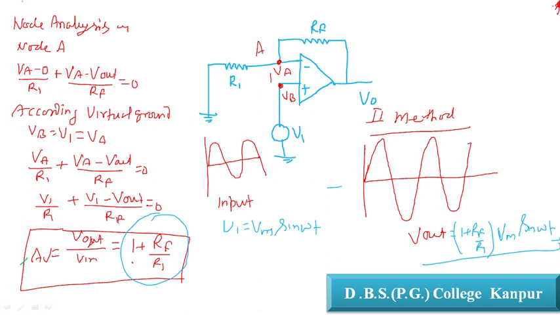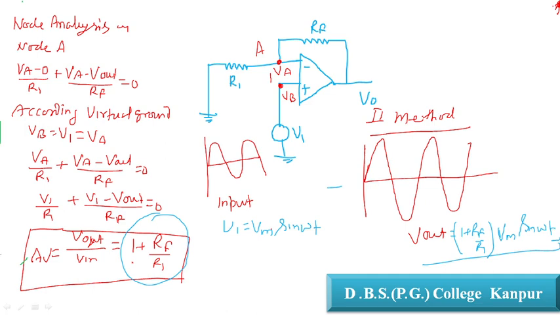In this method, we take a node at a point and use the virtual ground and the property of AC ground. By getting the formula, we use a very simple expression: Av equals Vout upon Vin, equal to 1 plus RF upon R1.